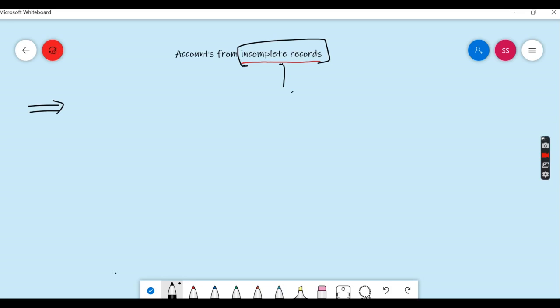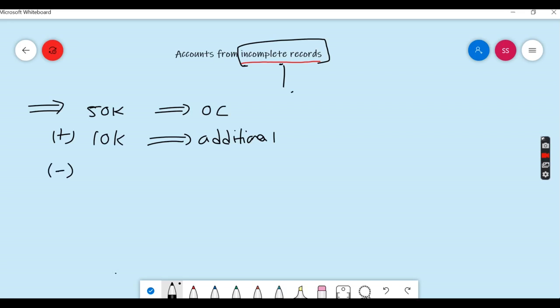He started a business with 50,000, which we are calling the opening capital, and he added 10,000 rupees. Obviously his capital will increase, right? So this is additional capital. And then he took some money out of his business, so obviously his capital will decrease. So that's why we are decreasing 5,000. We will call that drawings.